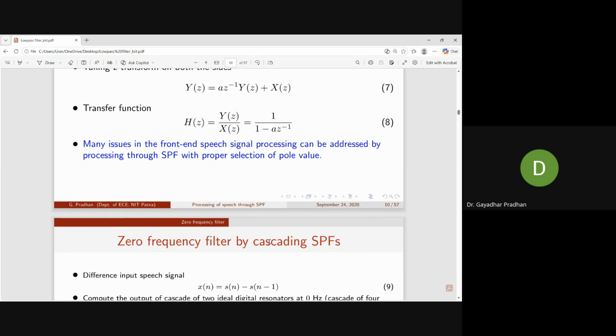It is an IIR filter. Now I will convert this filter, which is a bandpass filter, into a zero frequency filter. A zero frequency filter captures the data around very low frequency, therefore we call it zero frequency.